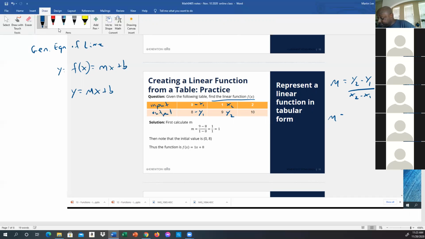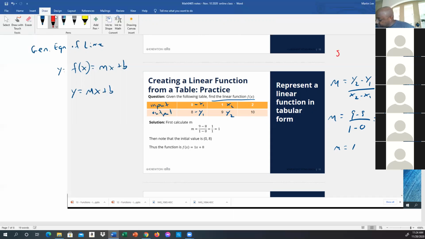Now we substitute. m equals y2, which is 9, minus y1, which is 8, over x2, which is 1, minus x1, which is 0. So this equals 9 minus 8, which is 1, over 1 minus 0, which is 1. So m equals 1.